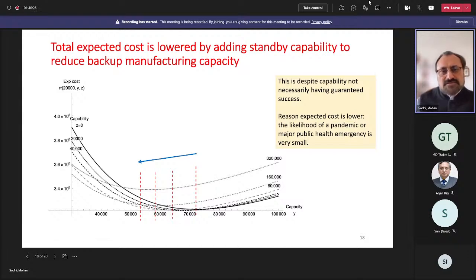And again, it can be shown that even if the likelihood that capability becomes capacity is very small, and only then it creates capacity that produces at very high cost, even in these extreme, highly unfavorable circumstances, having capability still lowers the amount of capacity you need, because that capacity can be created. These are all probabilistic calculations, but again, having less capacity. So just like having capacity means you have less inventory needed, same thing, having capability means you need less capacity.